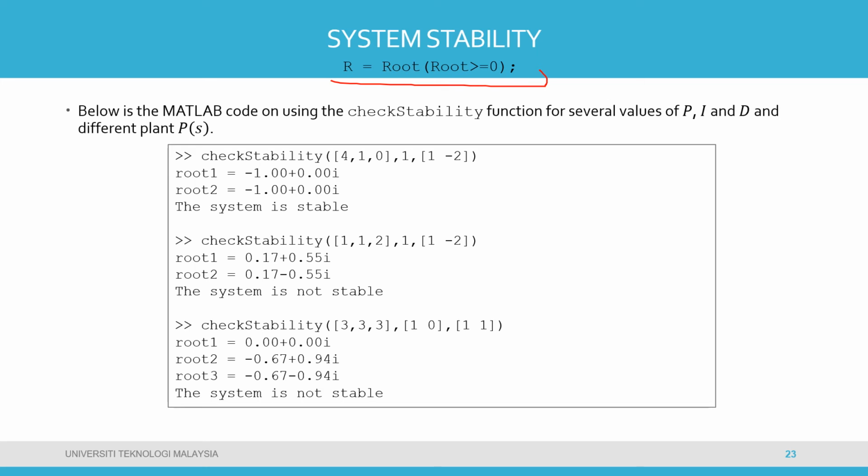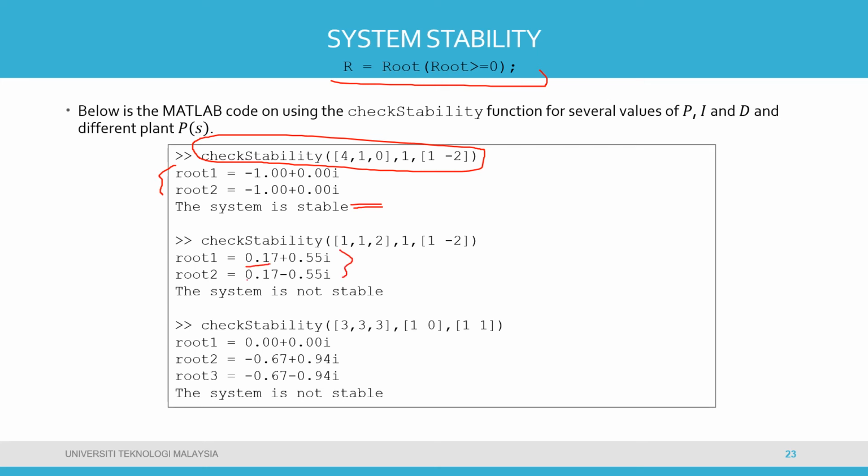If you check here, you can see you already saved the function, and you run it. This is the root, the result, and you can see here this is not more than 0, so it is stable. But for this case, this one is more than 0.